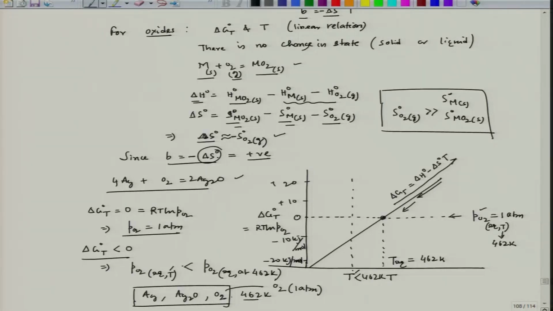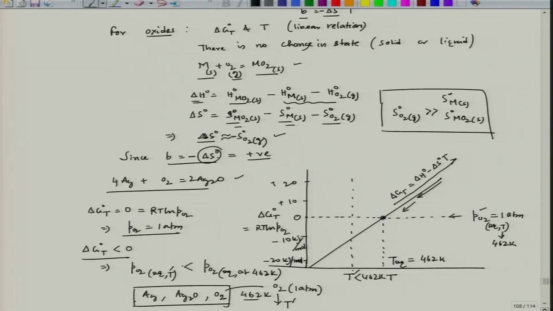Now, if the temperature of this system is changed to T prime, since the equilibrium PO2 at T prime is less than 1 atmosphere, you have more oxygen than the required equilibrium partial pressure of oxygen at T prime.